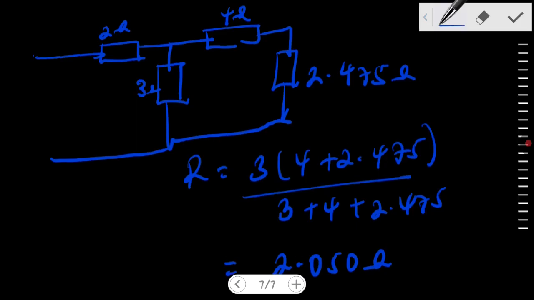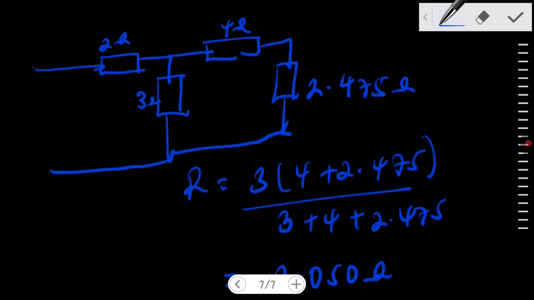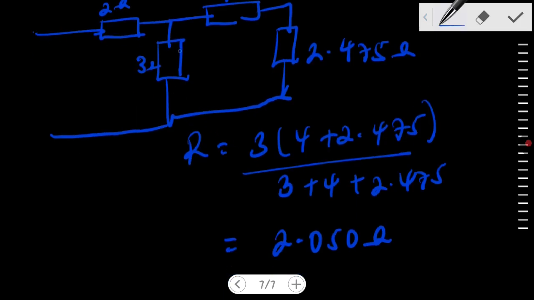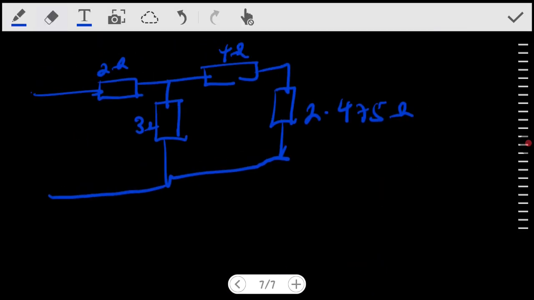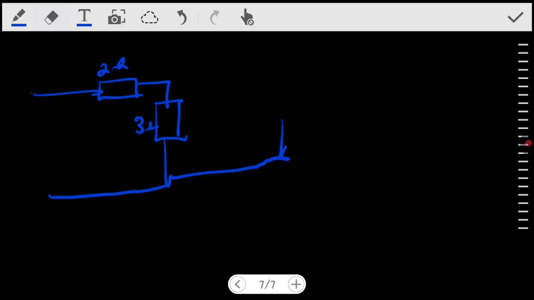Now, having got that, we are going to replace the whole of this, and this 3 would be replaced by 2.050 ohms, right?